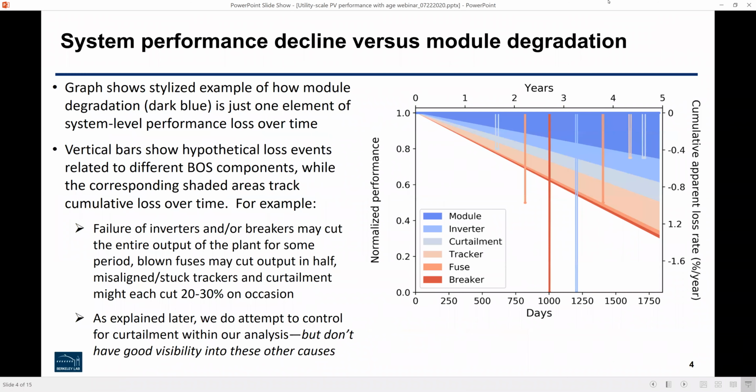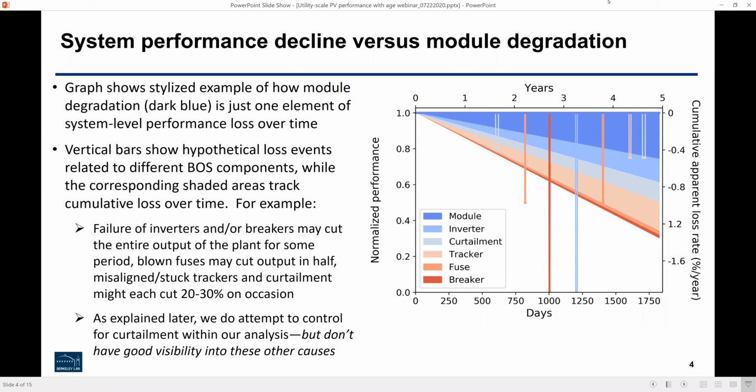I want to draw that distinction a little more clearly on this next slide. The graph here shows an illustrative, stylized buildup from module-level degradation to system-level performance decline over time. So the dark blue shaded area or wedge that you see up top of the graph shows the contribution of module degradation, which in this example is running at around 0.5% per year, as you can see from the right-hand y-axis.